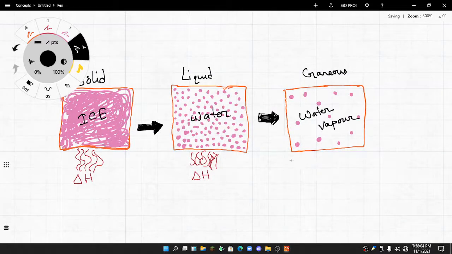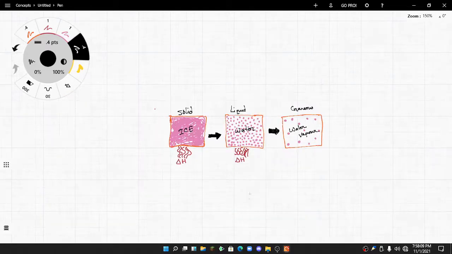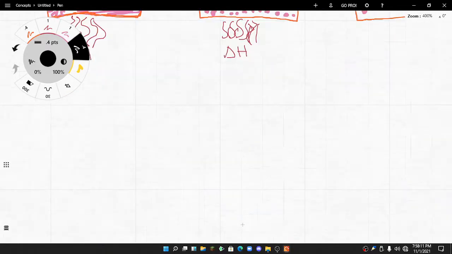So we don't give heat anymore, but we could. But let us first see a graph of this heat giving.